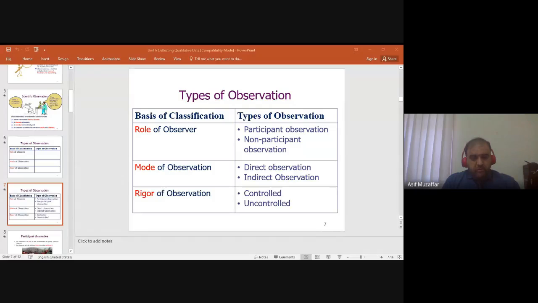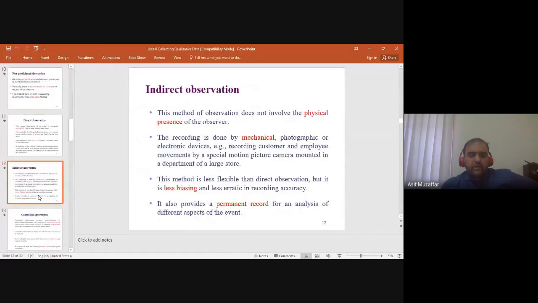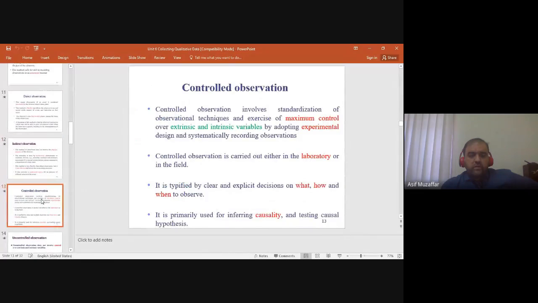Observations are also fine, and there were six types of observations which can be made: participant observation, non-participant observation, direct observation or indirect observation, and the last two were controlled observation and uncontrolled observation. I think we talked about the first four. Then what about a controlled observation or controlled experiment or uncontrolled experiment?